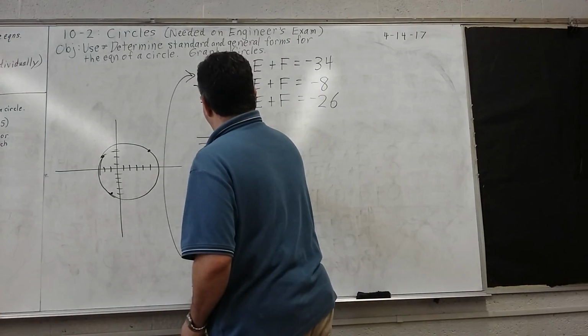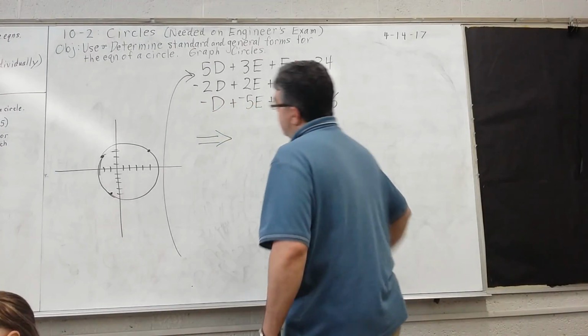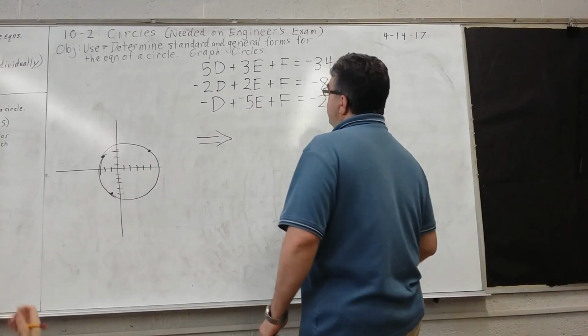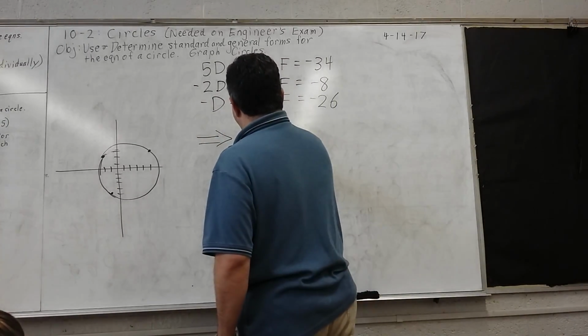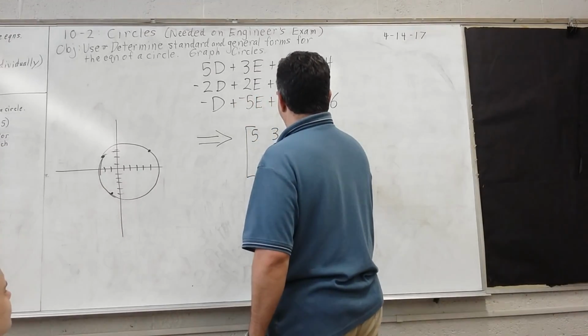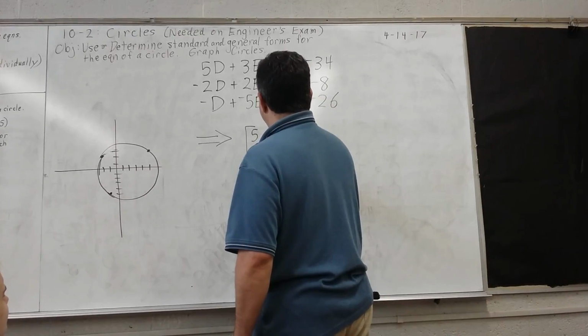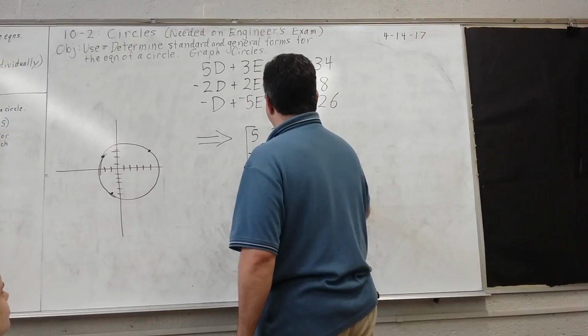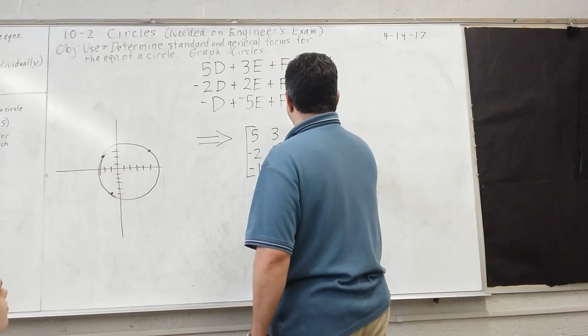So from this, we'll set up a matrix A, which will be 5, 3, 1, negative 2, 2, 1, negative 1, negative 5, 1.